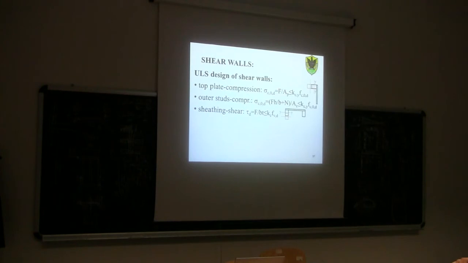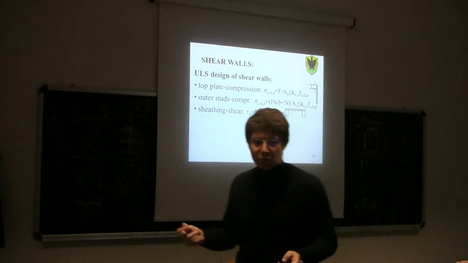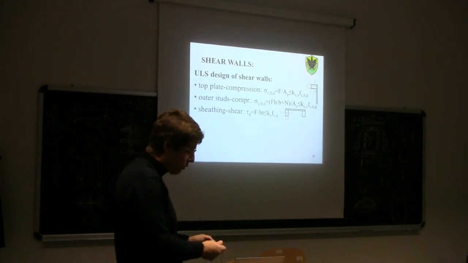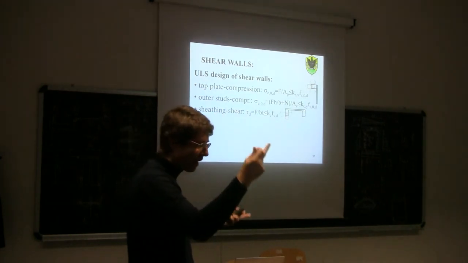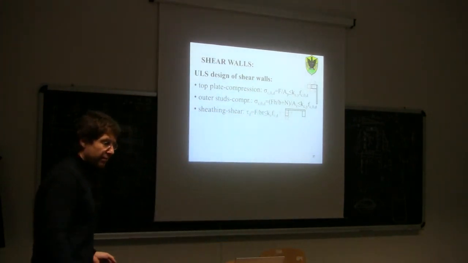So I told you before 60 centimeters, in Europe it is 62.5 centimeters, because it's actually 1.25 by 2.5. If we keep the space between the studs not greater than 62.5 centimeters, for this size of panel, we don't have a problem of plate buckling, okay?